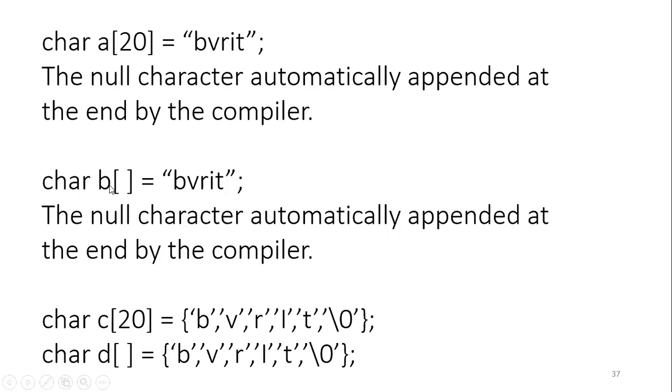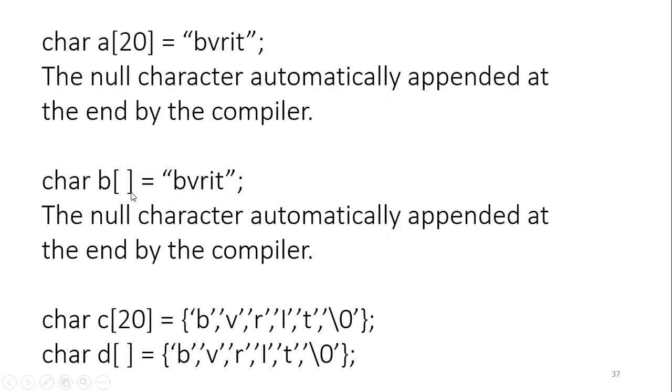Here char b[] = "bvrit". Here I have not assigned any size. The compiler will automatically take the size of this string. The null character is automatically appended at the end of the string by the compiler.